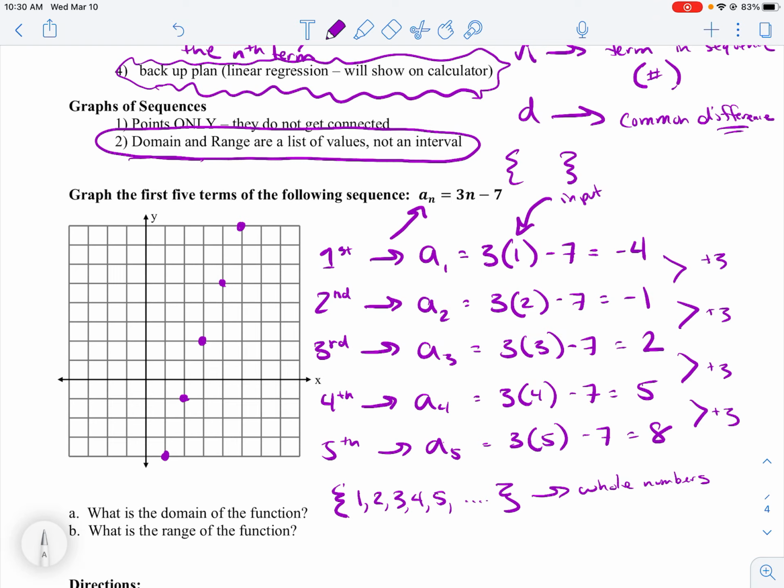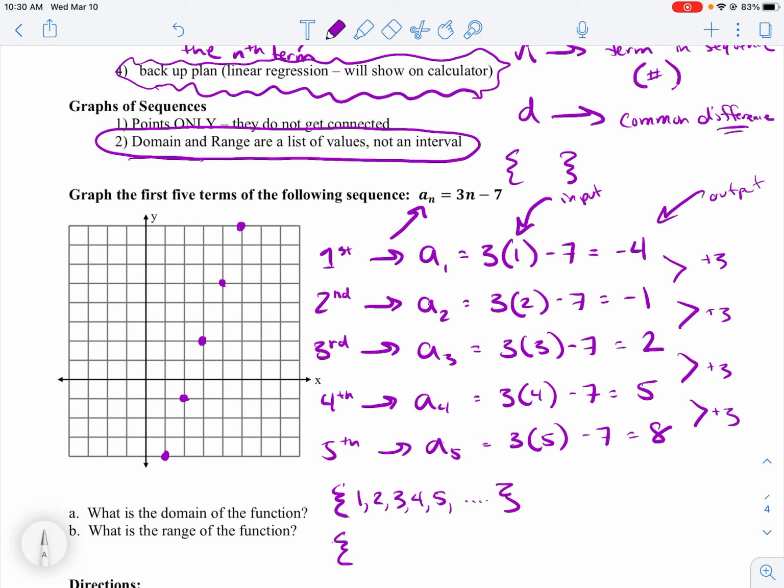Or counting numbers, right? But anyway, the numbers are infinite, so we can find any term we want in the sequence. Notice we start at 1, though. We want the first term, second term, third term, fourth term. And then our range is whatever our output is.